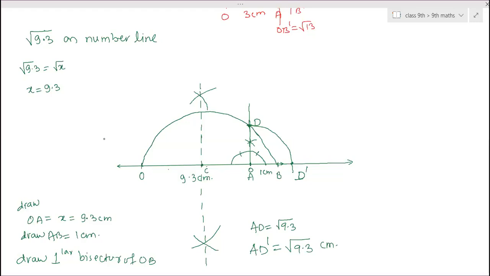From B you have to draw the arcs, not from A, because the semicircle should touch B. Can you scroll down?